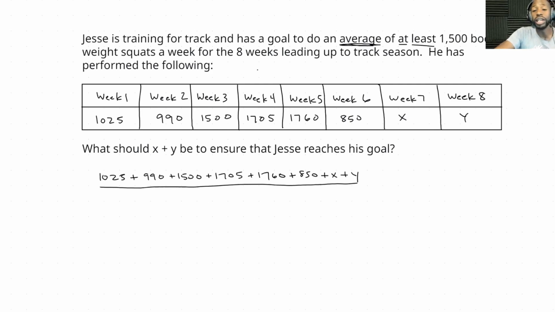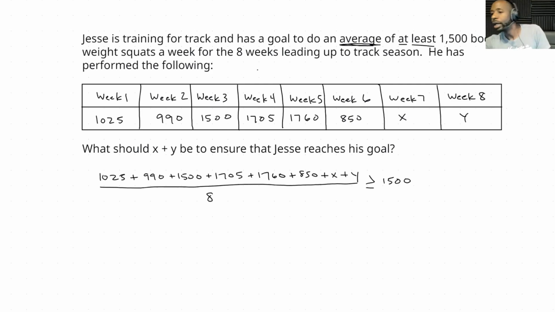And we know it's at least because that's the lowest it can be, but it can be greater than that. So this is going to be greater than or equal to 1,500.